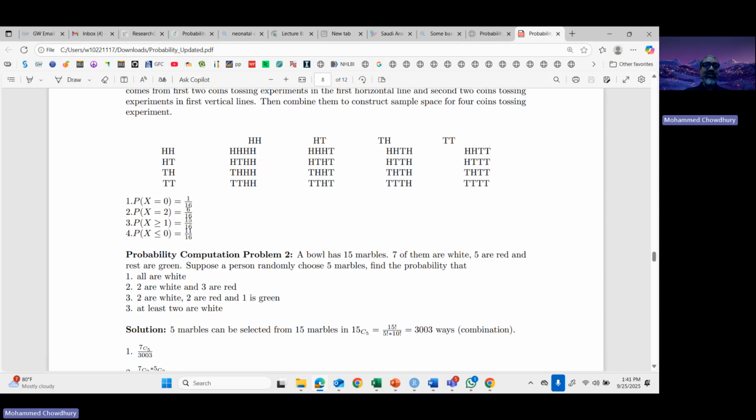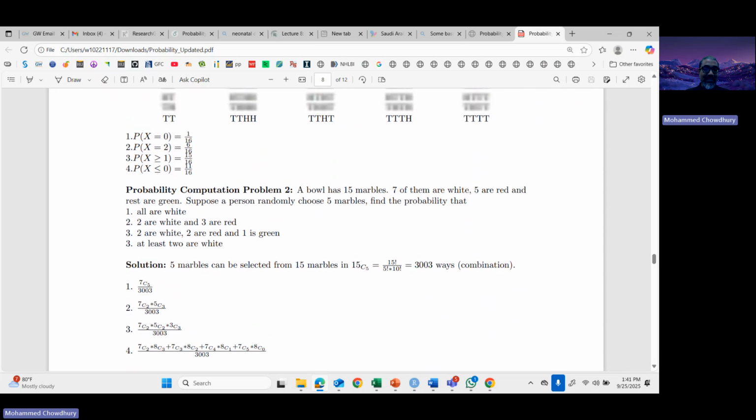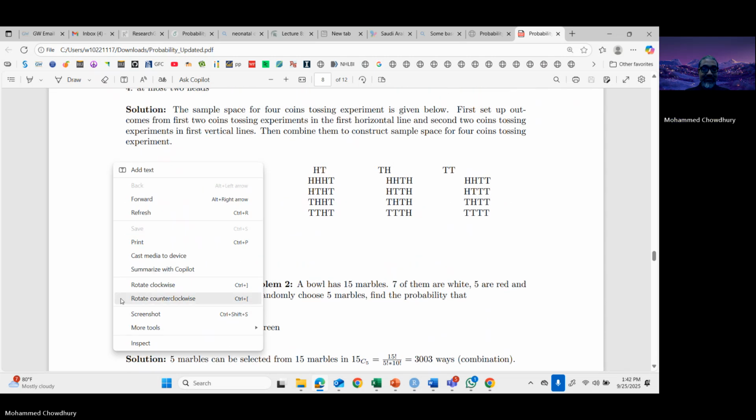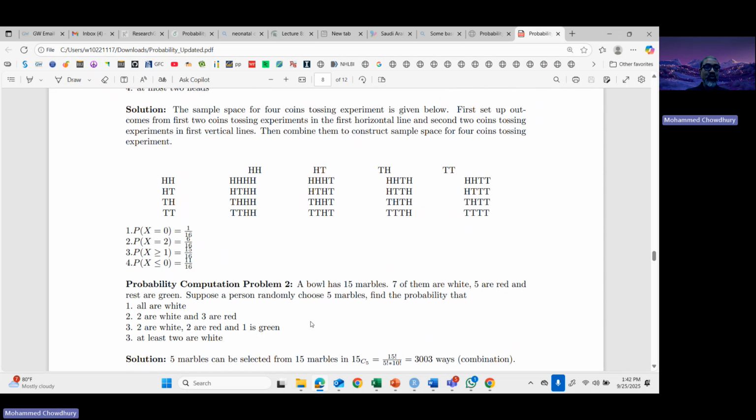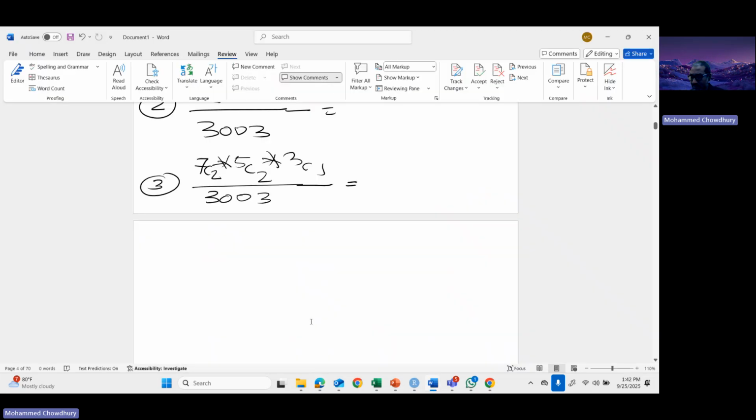And finally, at least 2 are white. I already solved it in here, right? So at least 2 are white. The denominator is still 15 choose 5.